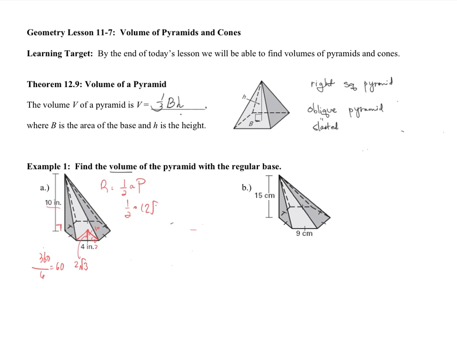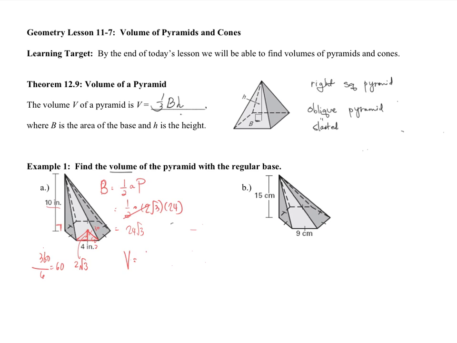I'm going to write it here. And since one side of the regular hexagon is 4, then 4 times 6 would give me 24. So this would be my base area. I can simplify it to get 24 square roots of 3. And now I'm ready to calculate my volume.